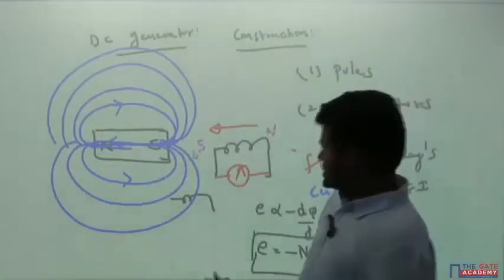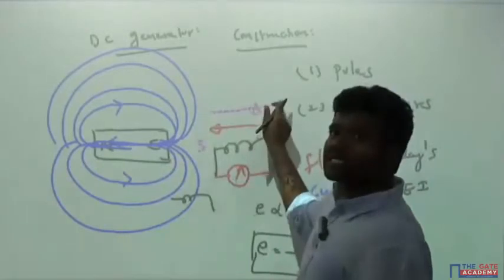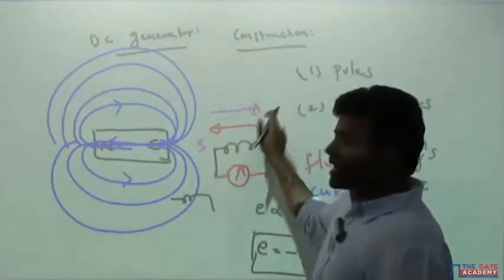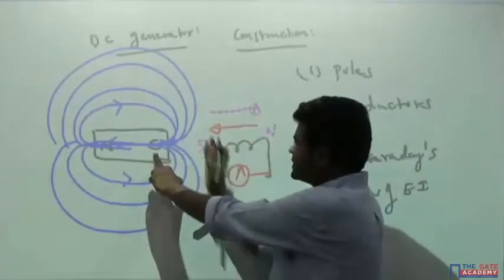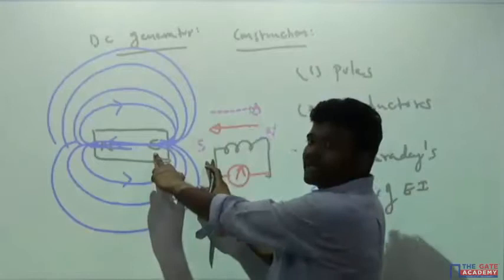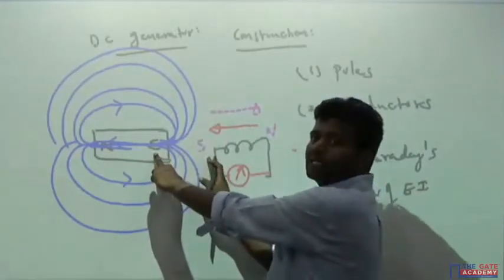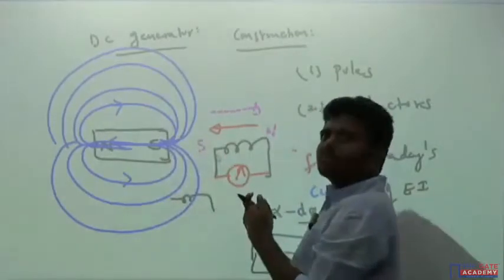Similarly, when you try to move back from left to right, the polarities are formed such that here is a south pole. When you try to move away from this one, you already have a repulsion. If a south pole is formed, you are giving an extra force.